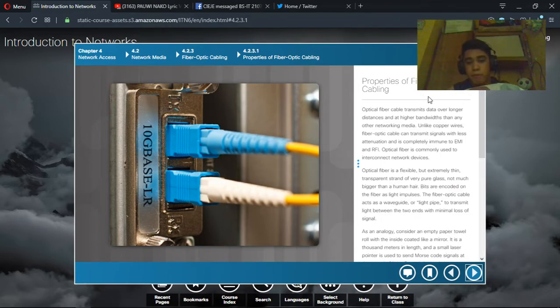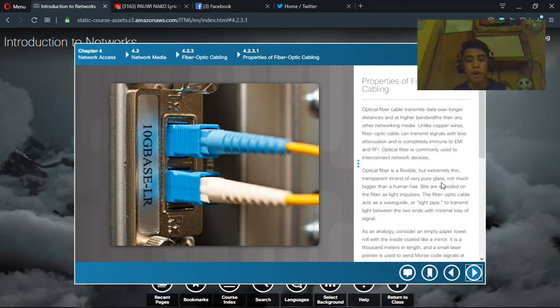Properties of fiber optic cabling. Fiber optic cable transmits data over longer distances and at higher bandwidth. Unlike copper wires, it doesn't transmit electrical pulses but light pulses, and it is completely immune to EMI and RFI.